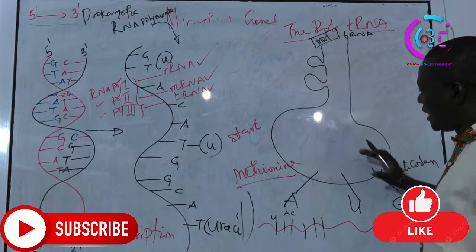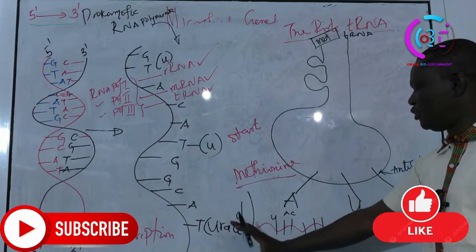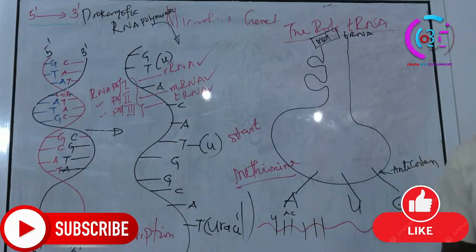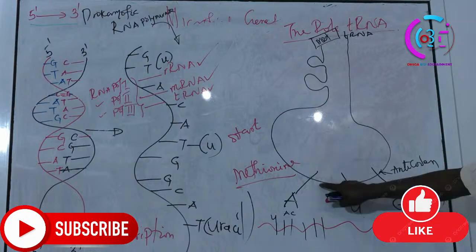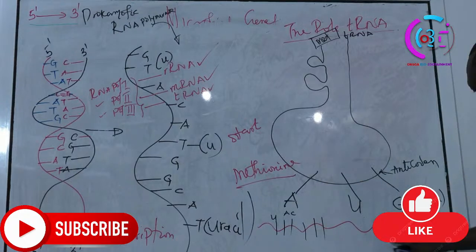Immediately after this is completed, this one will be shifted, and that's called frame shift. We are going to see more of this as we go on, but you should know that transfer RNA is what contains the anticodon that is going to bind to a messenger RNA.